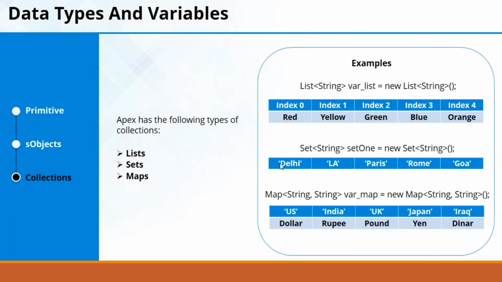You are just inserting something one by one into a basket, and whenever you print it, every time the sequence will come different. Sometimes Los Angeles will come first, sometimes Paris or Rome will come first, Goa second. There is no sequence in a set. All the values will be there, but there will be no sequence.